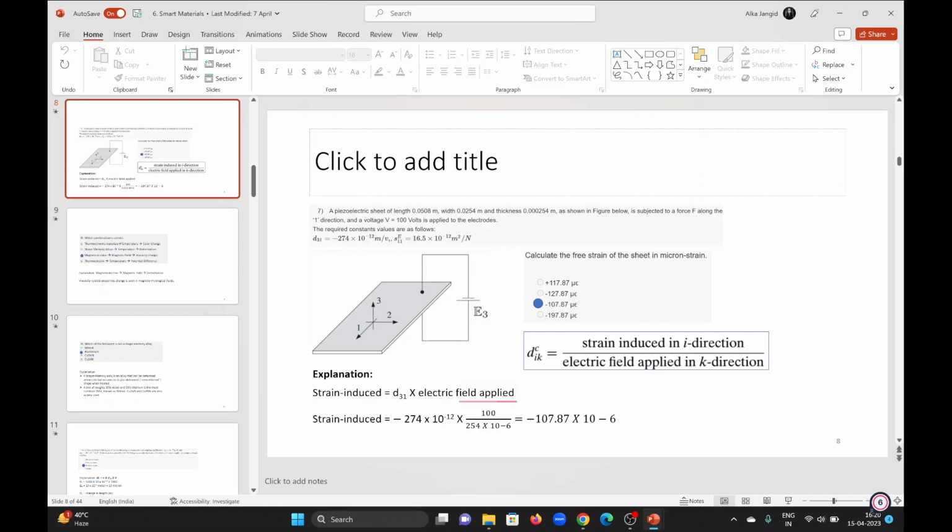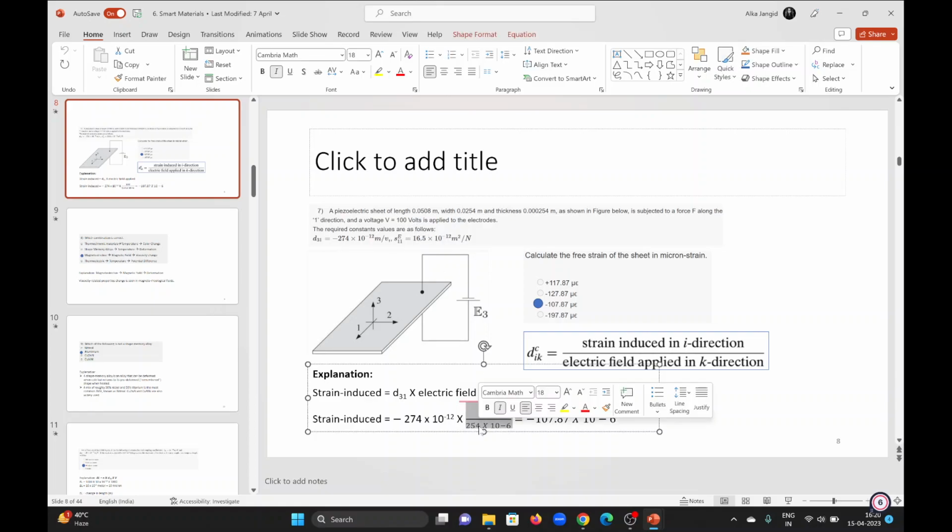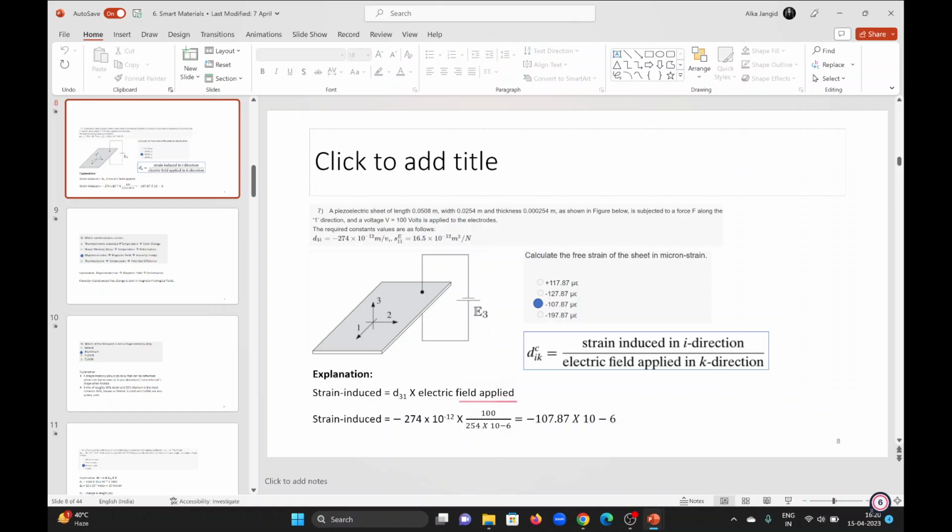Now voltage is 100 volts and the thickness will be 254 times 10 to the power minus 6. Now by solving, d31's value is negative, so keep that in mind.